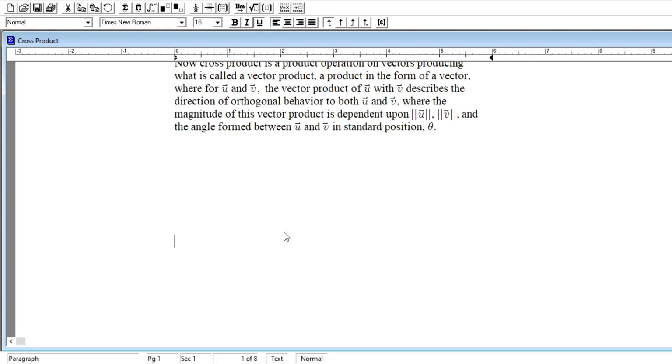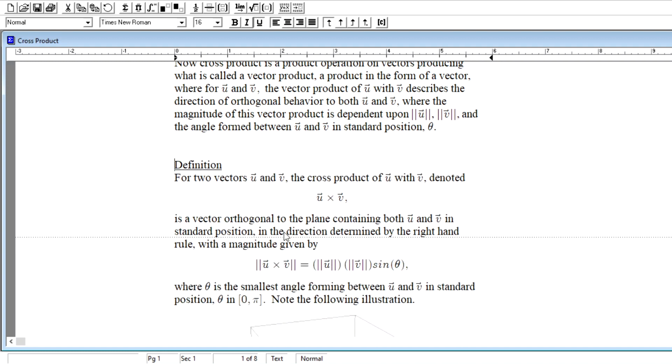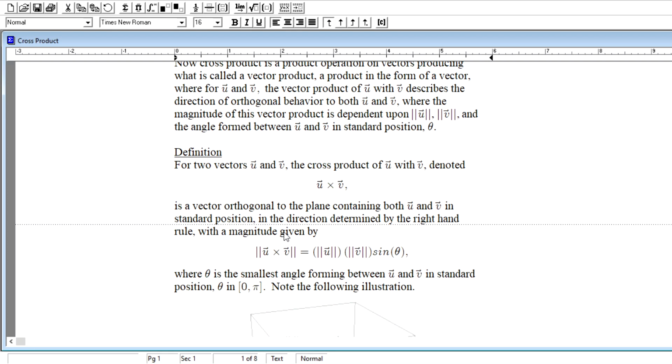We do see this in formal definition, where we see the beginning of our notation here. For two vectors u and v, the cross product of u with v is denoted as vector u, where we see this cross multiplication symbol used as opposed to what we saw for the case of the dot product. In the dot product of u and v, we used a dot multiplication symbol.